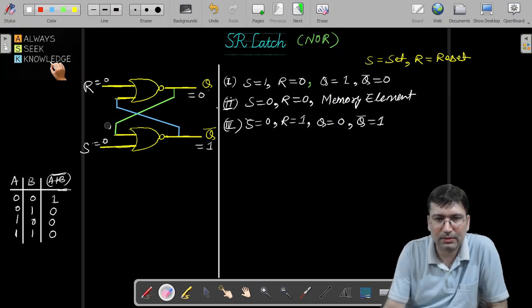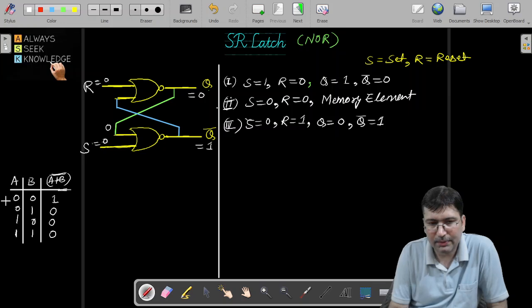So I just remove it, and you start analyzing the circuit from Q. So let's say Q is 0 and this 0 will propagate here. So this 0 will come here. Now this NOR gate will have both zeros. So when both the zeros are there, you will get 1. When both the inputs are low, a NOR gate generates high.